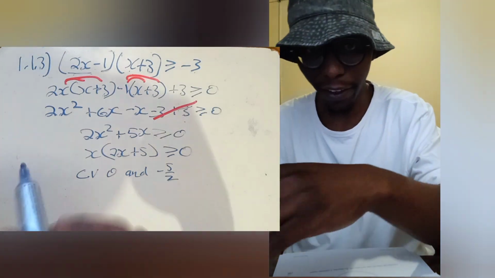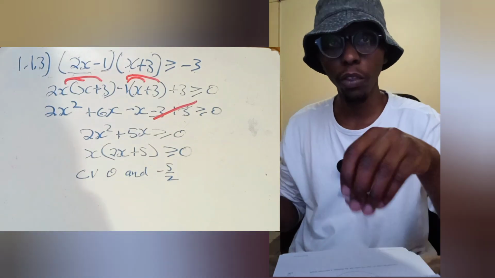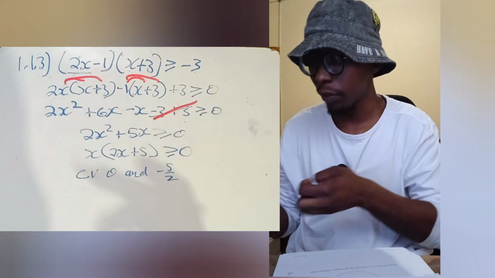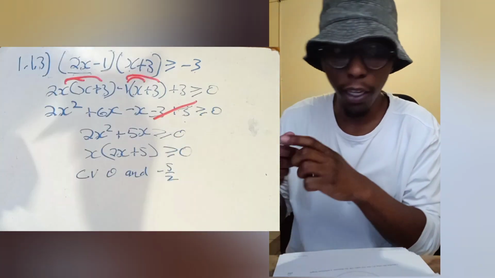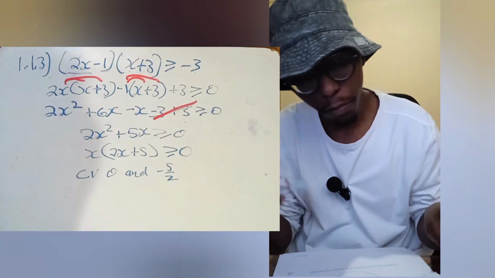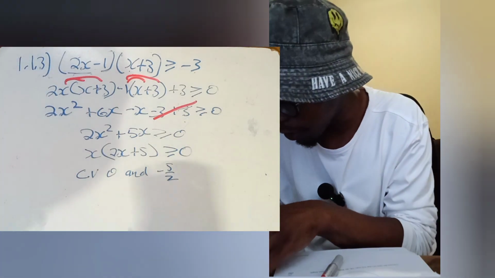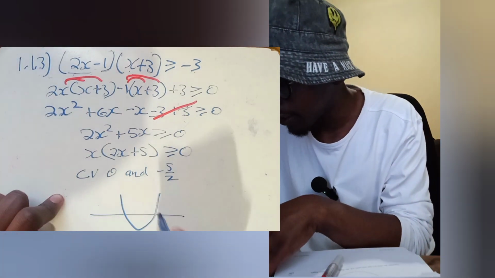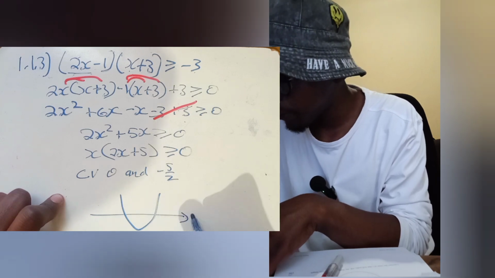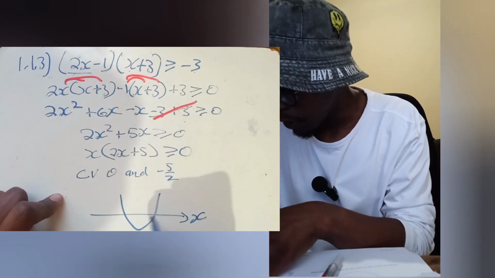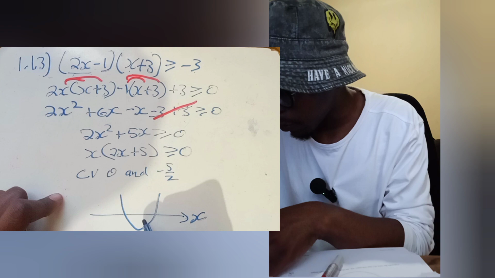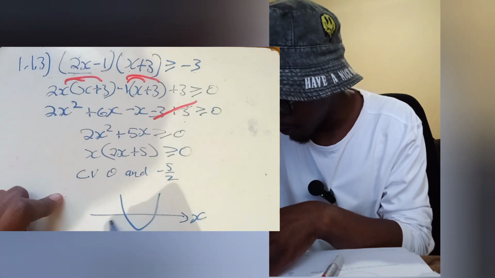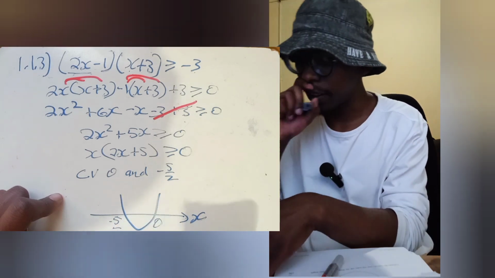This is a quadratic graph. So they're asking you, where is your graph negative? So this is a simple parabola, if you may call it. It is a parabola. And this is my x-axis. And what comes first? The negative 5 over 2 here, and then this side 0.